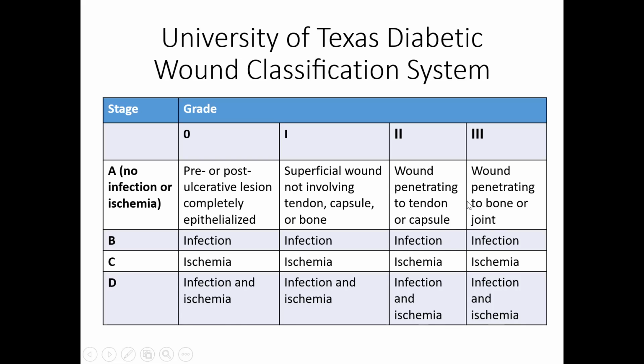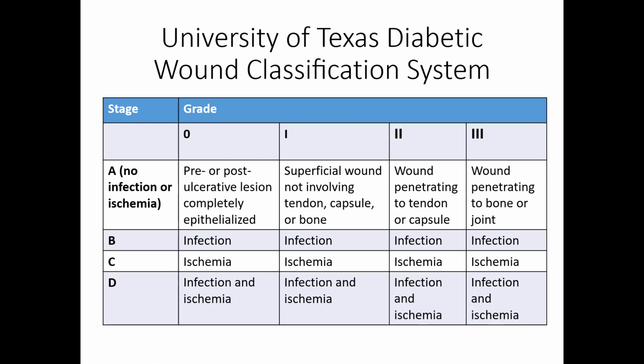Now, I hope you're not confused with the grading and staging, because you can get a very healthy wound which is a grade 3 wound, but at stage A. Are you getting it? If you visit our diabetic clinic where our Sadat Bhai works, you will find that patients are visiting him for weeks and months.